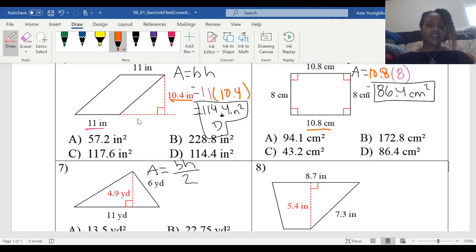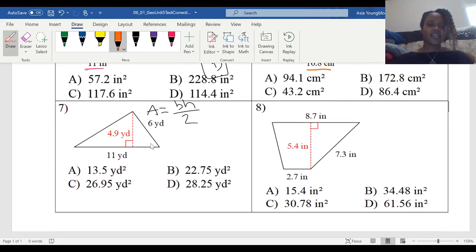In this specific triangle, our base and height are the two lengths that make a right angle. So based on this diagram, the base would be 11, and the height would be 4.9. And again, that's because that side is making a right angle with the base.